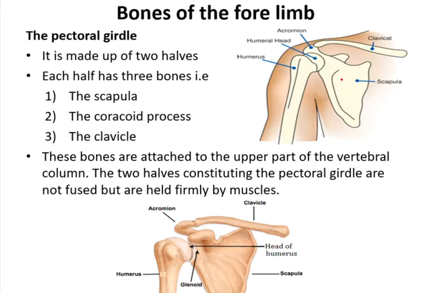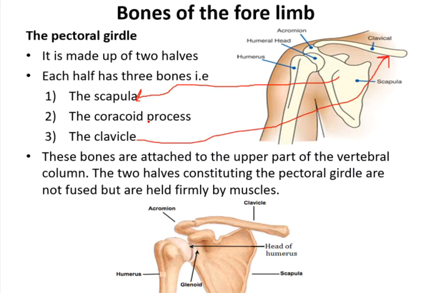Maybe let's look at the scapula. The scapula is located here, and it is broad and triangular in shape. Then we have the clavicle, which is located here. We also refer to it as the collarbone. And these bones are attached to the upper part of the vertebral column.